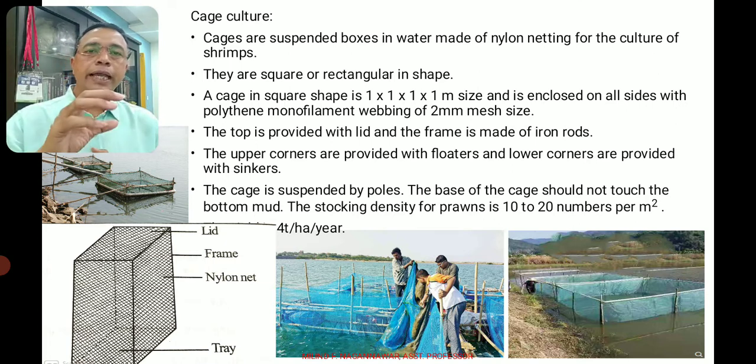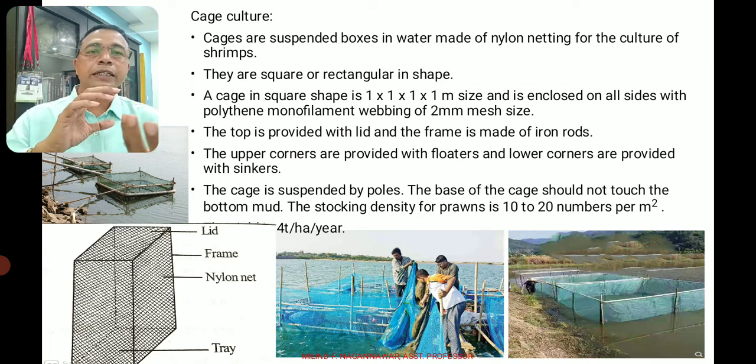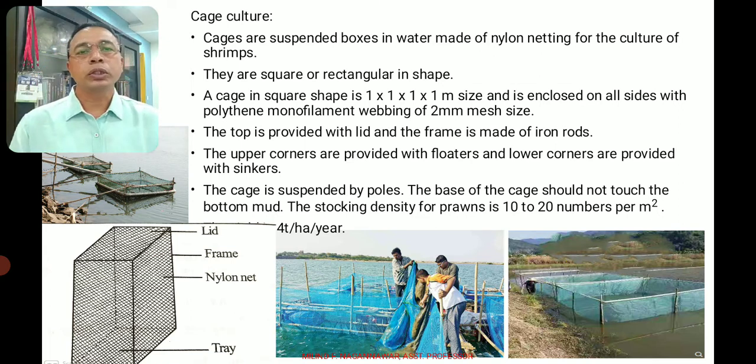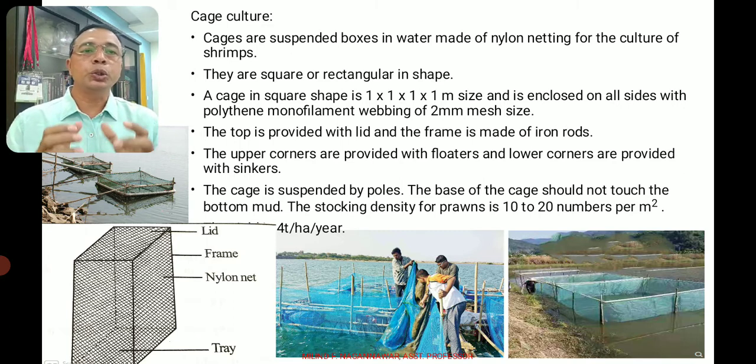The cage should have sinkers at the bottom and floaters at the top, so that the cages are suspended in the water and do not settle at the bottom. In the cage, the density of the shrimps or prawns is 10 to 20 numbers for every square meter.